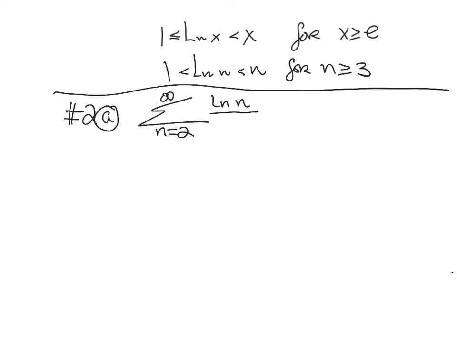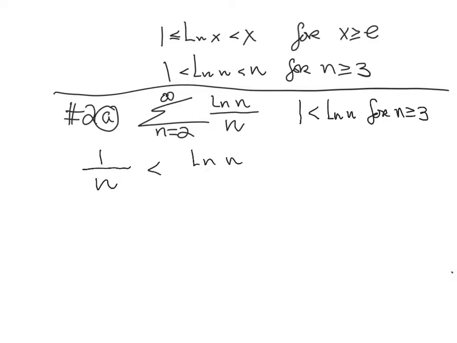And so now we can start with example 3a. We want to determine if the series n equals 2 to infinity ln of n over n converges or diverges by using the comparison test. So what we're going to do is use the left inequality for the log. Even though the series starts at 2 and the inequality kicks in at 3, it really is irrelevant.